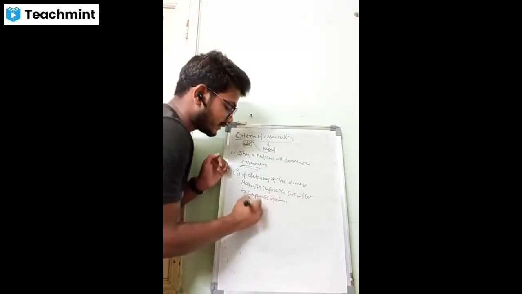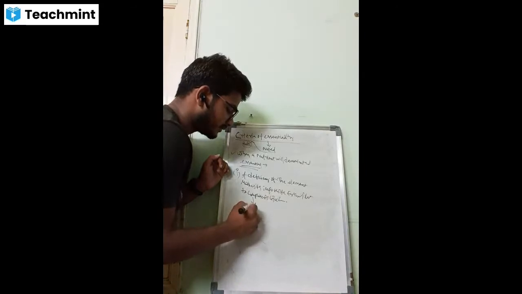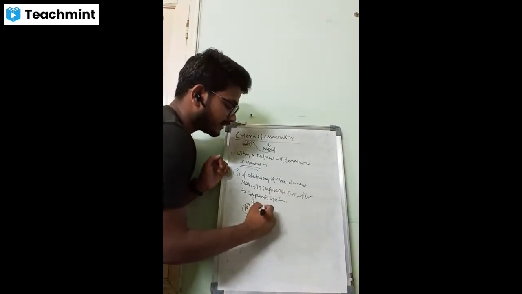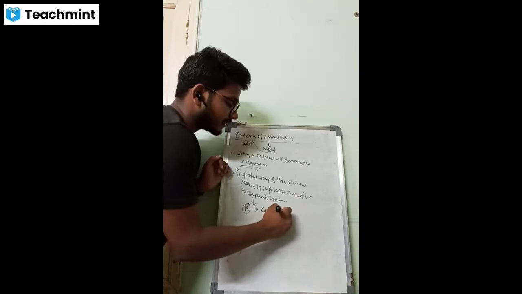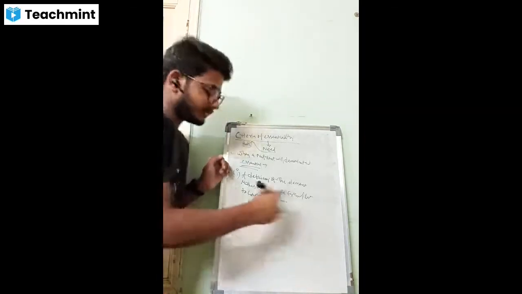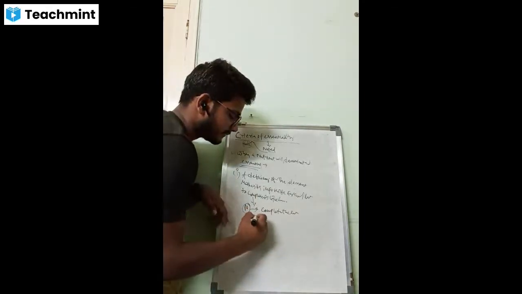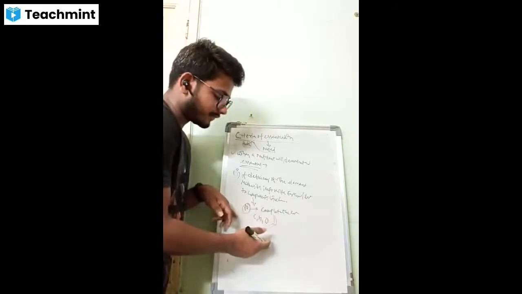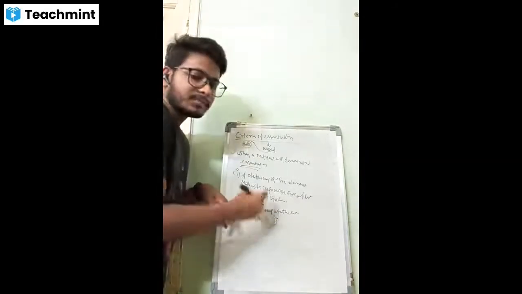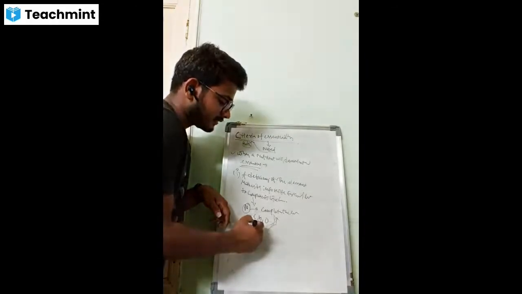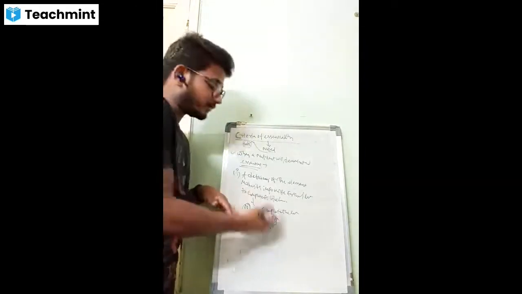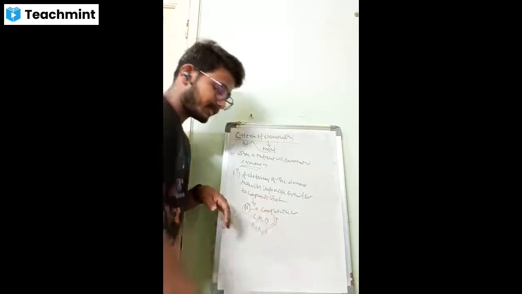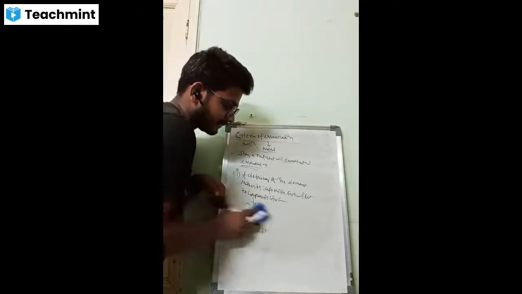Means a nutrient is required to complete the life cycle. For example, very simple is C, H, and O. These three nutrients are most essential to complete the plant life cycle. Then there are many more nutrients that are very much essential to complete the life cycle of the plant. So this is one criteria.